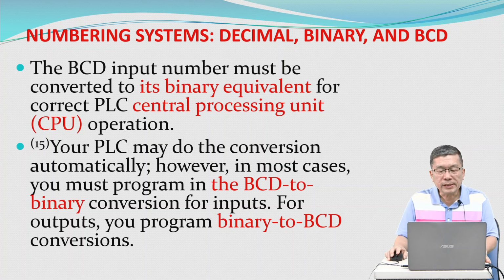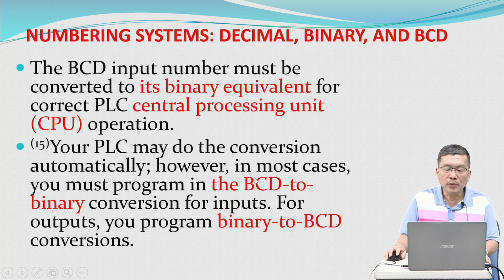Your PLC may do the conversion automatically. However, in most cases, you must program in the BCD to binary conversion for input. For outputs, you program binary to BCD conversions.